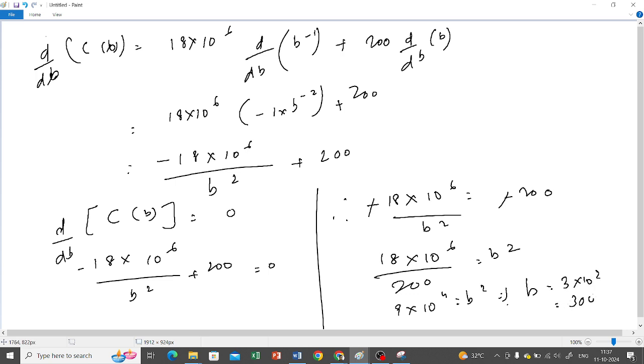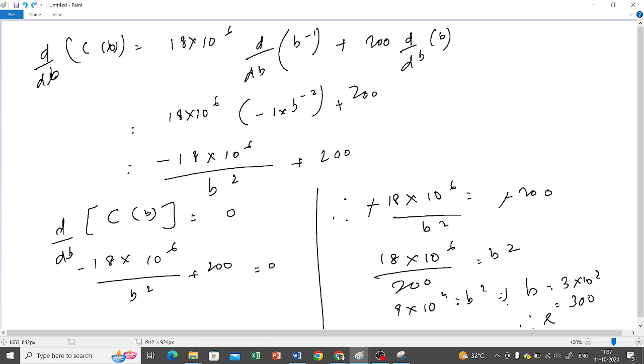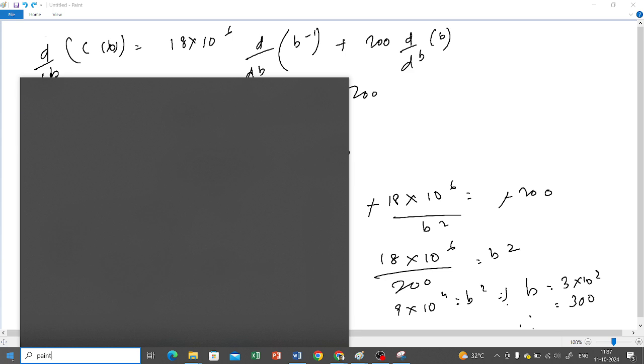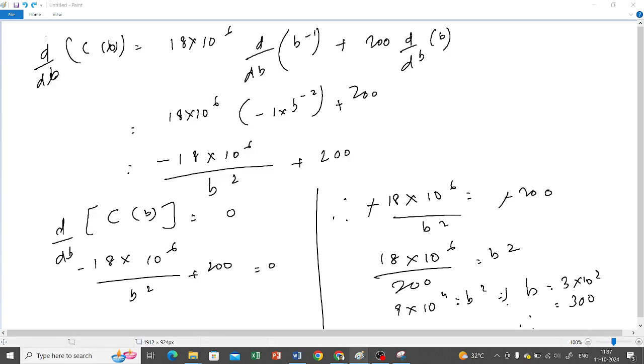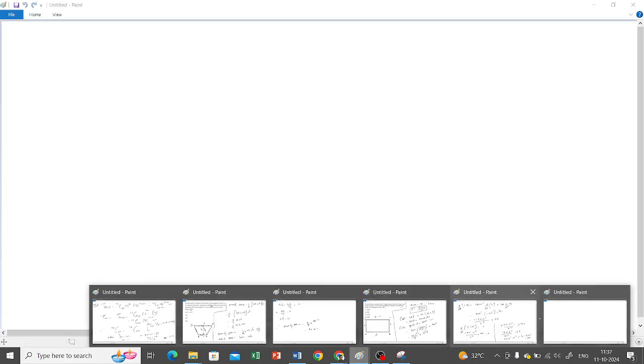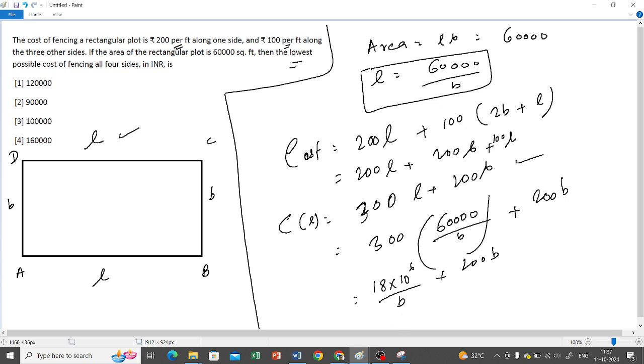So B will come 300, and therefore L I don't need. I need to find out the minimum cost. Once we find out 300, I can easily find out the cost function.